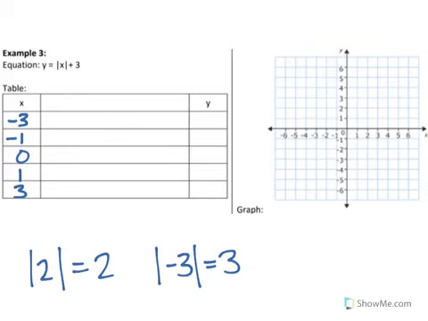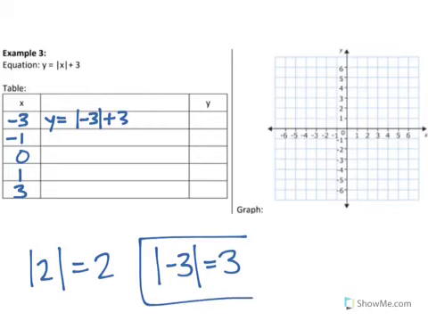So we have y equals the absolute value of x plus 3. Take a look down here. The absolute value of negative 3 turns what's inside positive, so that turns to positive 3. Plus 3 is 6.